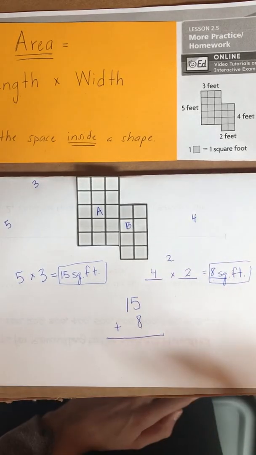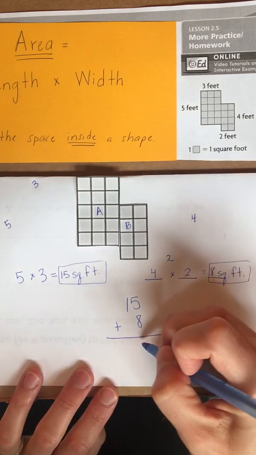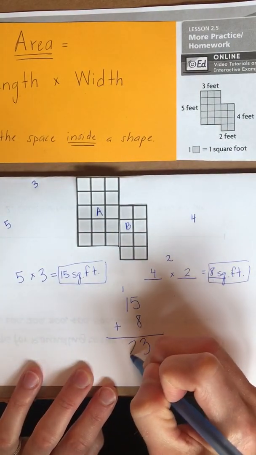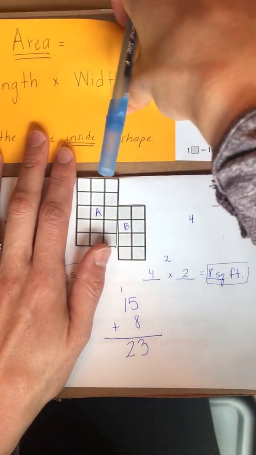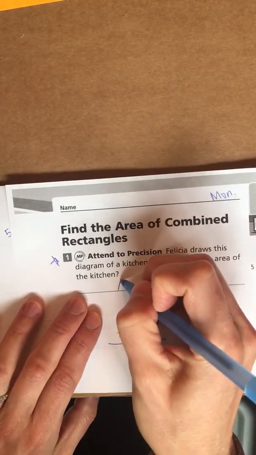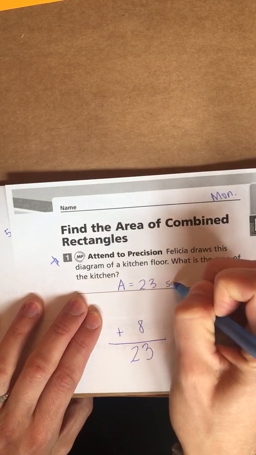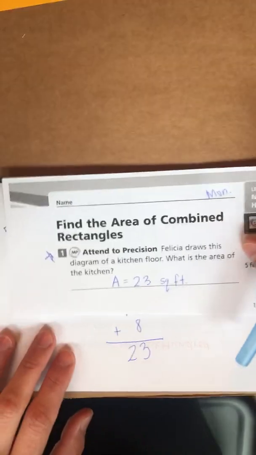So what is 8 plus 5? It's 13, right? So put down our 3 and carry our 1, and 1 plus 1 is 2. And don't forget your label. So the area is 23 square feet. Great job, friends.